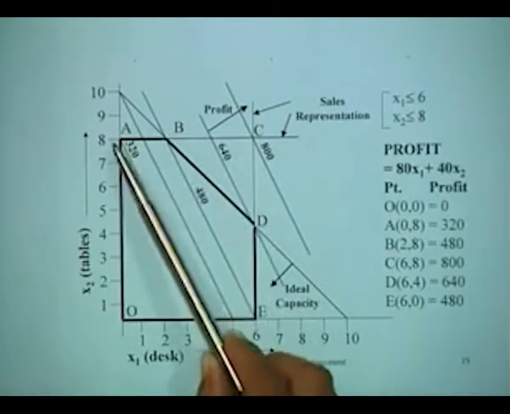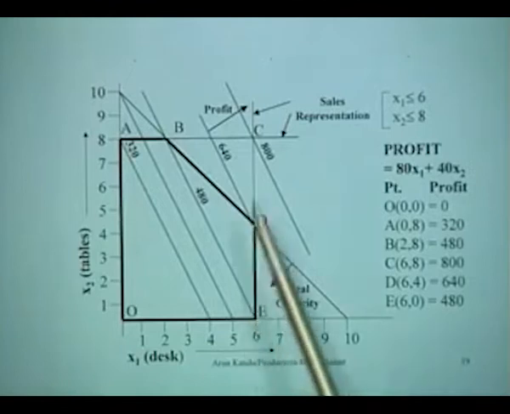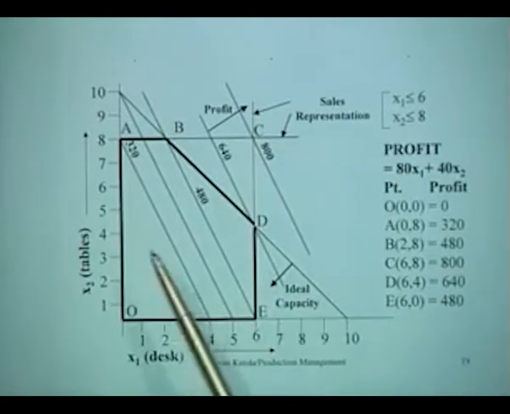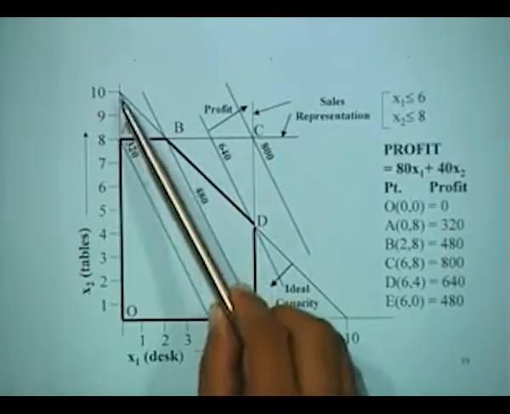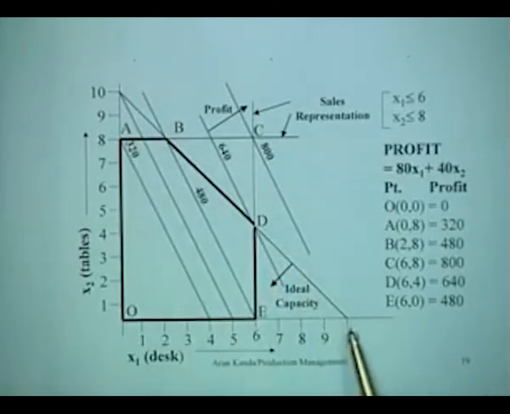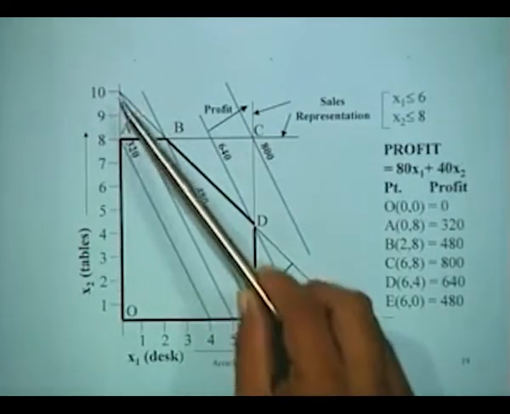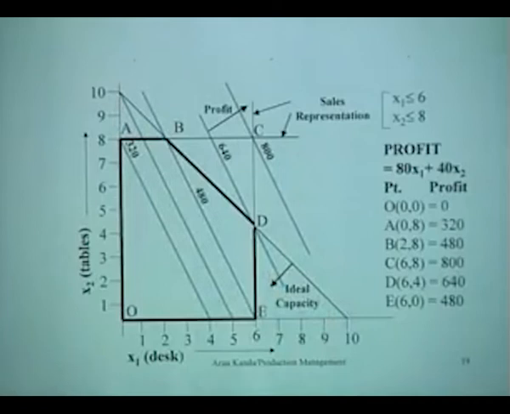You can't sell more than 8 tables, you can't sell more than 6 desks, so you have this line here. And the ideal production capacity, where you have utilized both, since each capacity has 10 hours available, 1 hour on each, would be just a line here with an intercept of 10 and 10 on both sides.